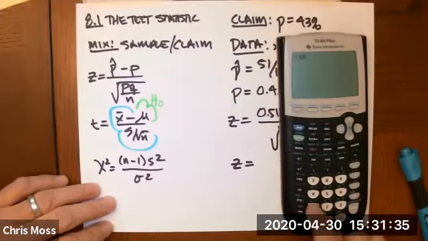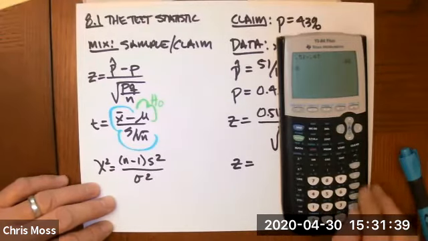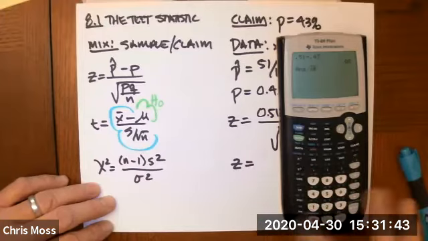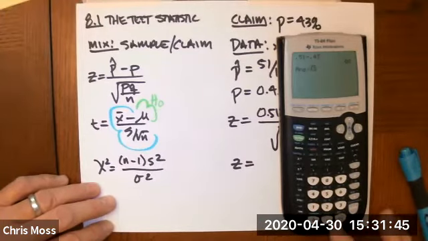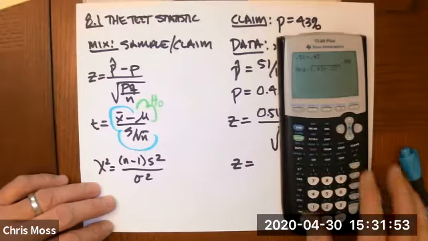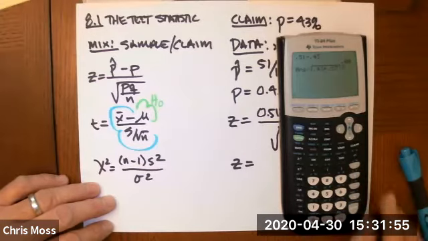So we have 0.51 minus 0.43. There's my numerator. I'm going to divide that by, I'll pick up my square root. Within the square root, everything goes in very nicely: 0.43 times 0.57, there's the p and q from the null hypothesis, divided by the 100.